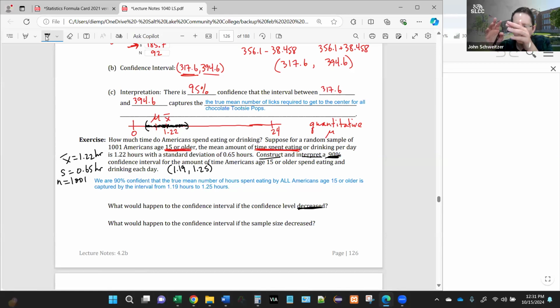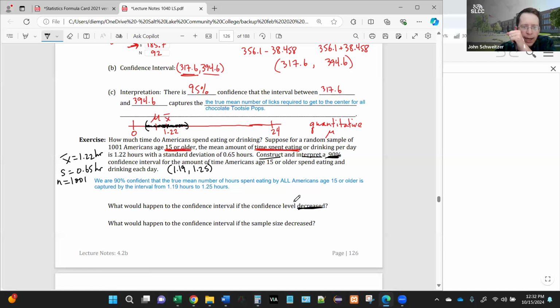Some industries have higher, more exacting standards than others. And so if you can decrease the confidence level, then typically it's a little bit easier to assemble a sample, right?